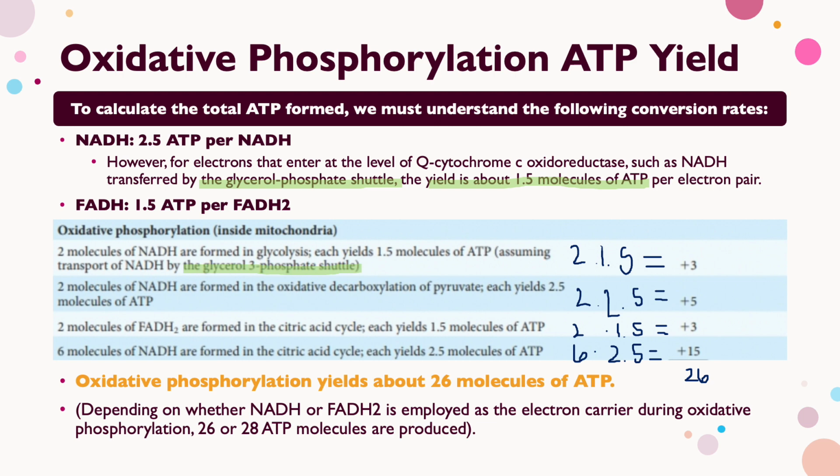So oxidative phosphorylation yields about 26 molecules of ATP. Depending on whether NADH or FADH2 is employed as the electron carrier during this step, that determines whether 26 or 28 molecules are produced. However, here, 26 are produced because NADH was employed.